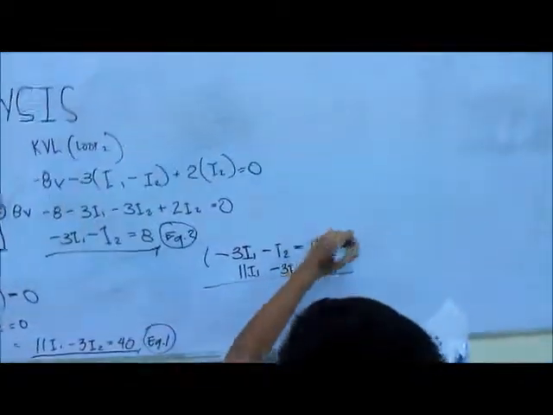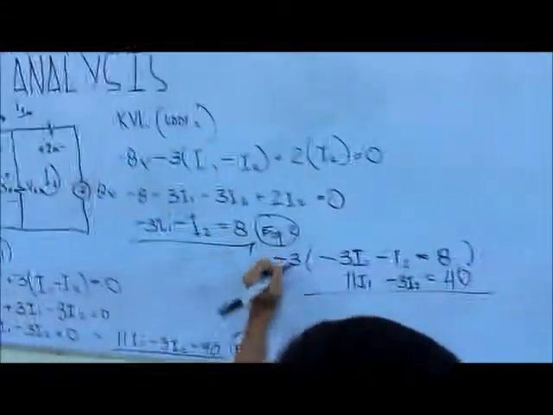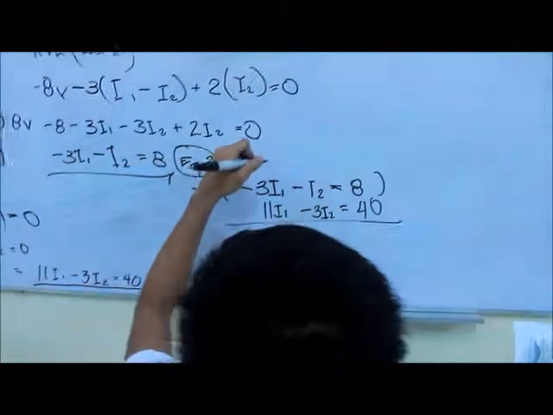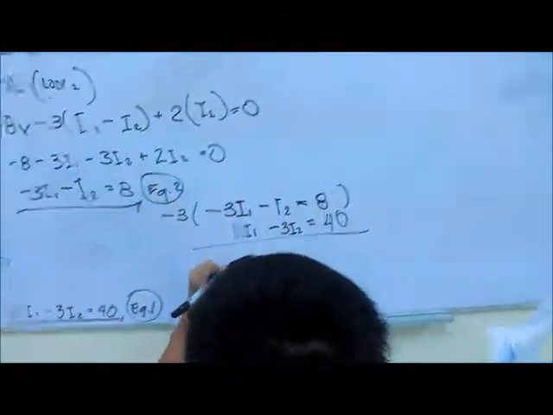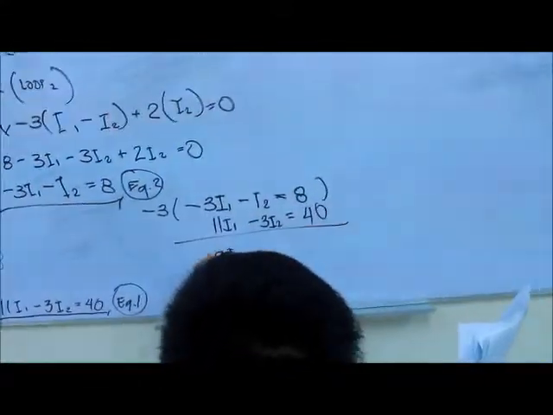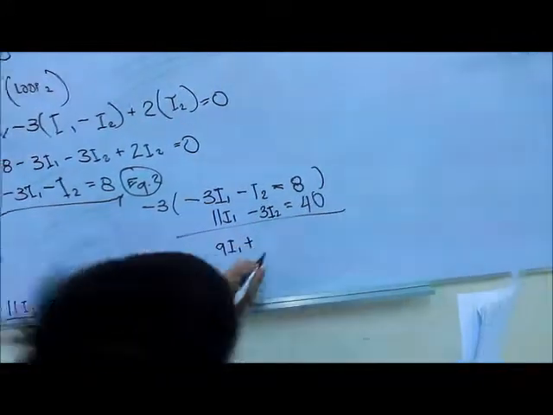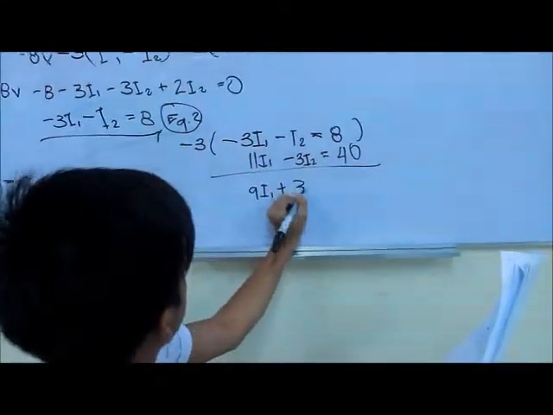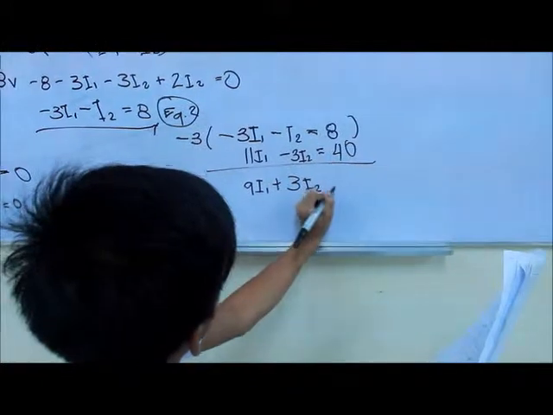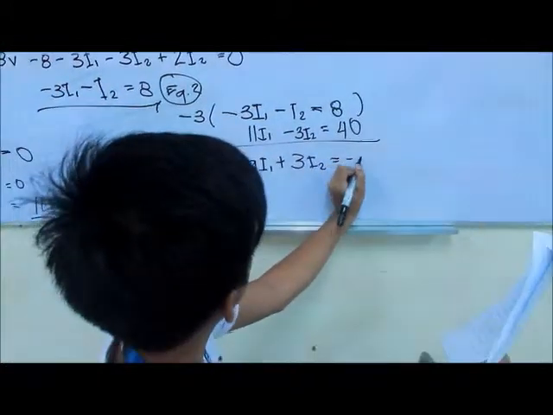We multiply by negative 3. So here we go, 9 I1 plus 3 I2 is equal to negative 24.